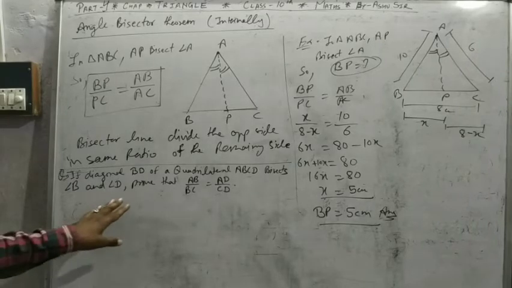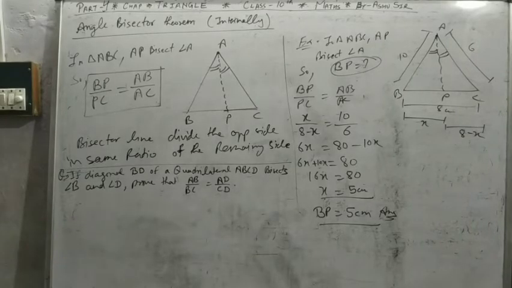One proving question we take on this topic. If a diagonal BD of a quadrilateral ABCD bisects angle B and angle D, prove that AB upon BC is equal to AD upon CD.